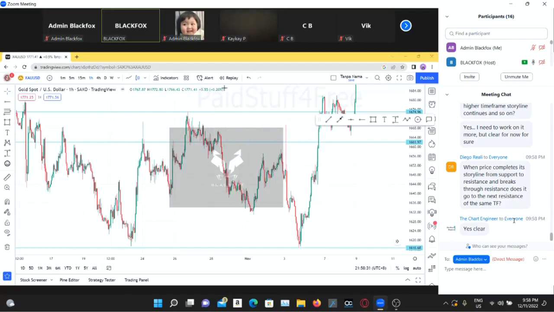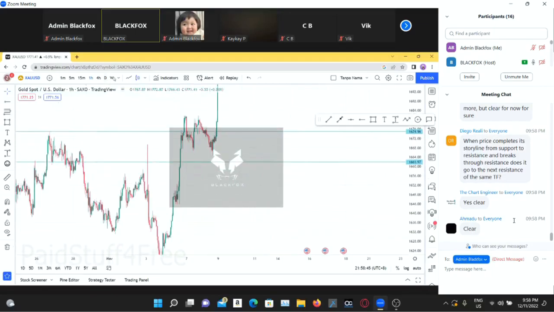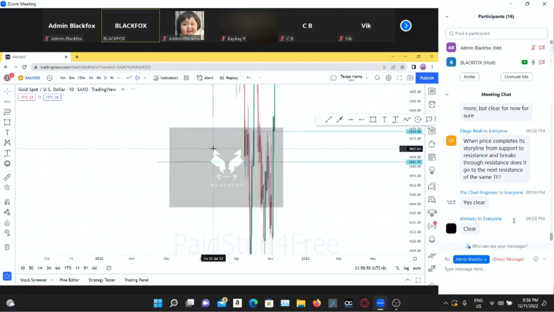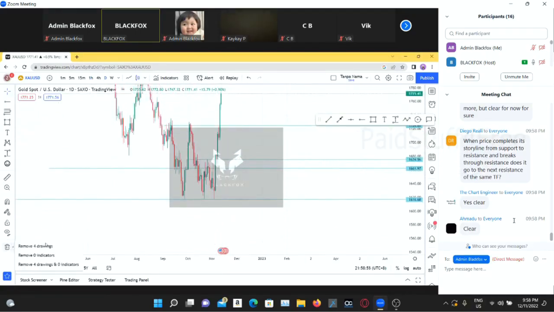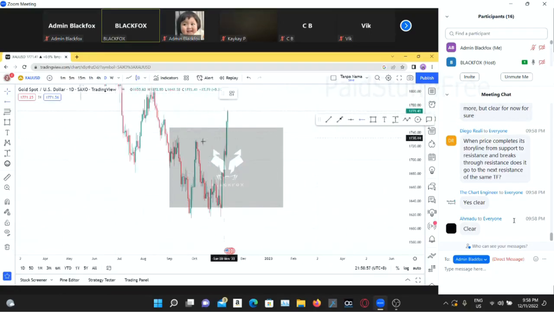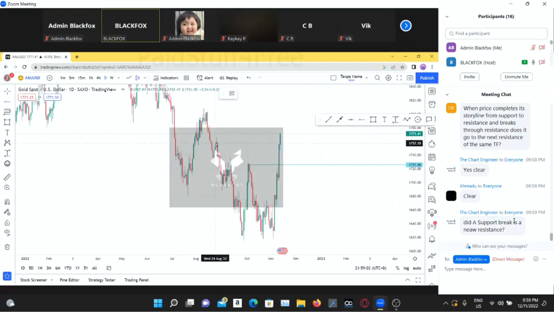When price completes its storyline from support to resistance and breaks the resistance, it will go to the next resistance of the same time frame also. For example, like this one: if the daily storyline breaks, then the price will go find the next daily storyline.